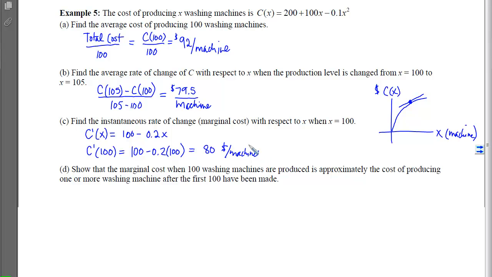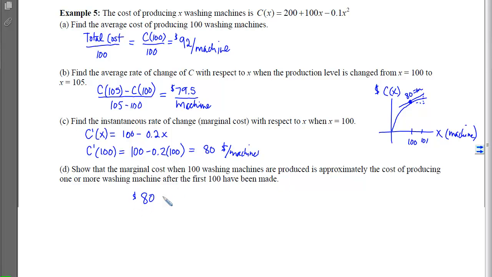So what does this mean for us? This $80 represents the slope of that line, which means if we go over 1 and make 101 machines, the cost should go up $80. That takes us to part D, which says show that the marginal cost when 100 washing machines are produced is approximately the cost of producing one more washing machine after the first 100 have been made. So we've got this $80.